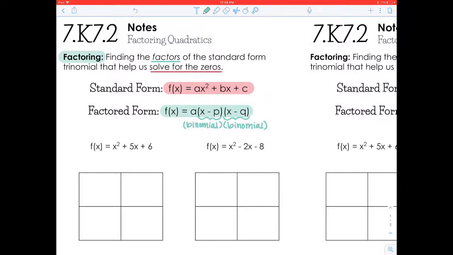So both of those binomials are called factors, okay? A factor is two numbers or expressions that multiply together to give you another number.